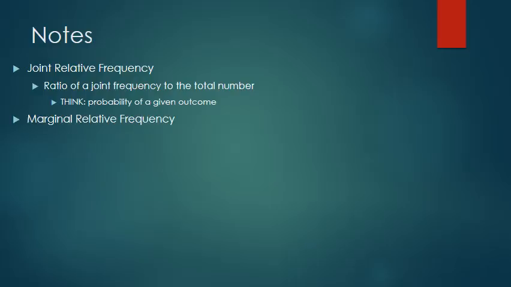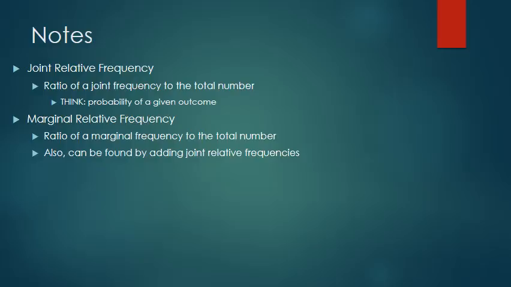So next note here, marginal relative frequency. So we've talked about marginal frequency. Marginal frequency was when we added up the rows or the columns to get a total for a row or column. So this is similar. We just take the marginal frequency and divide it by the total number. So instead of taking the number in one of the boxes in the table, we're taking one of the totals and dividing it by the big total. So I'm taking either the row total or the column total and dividing it by the big total.